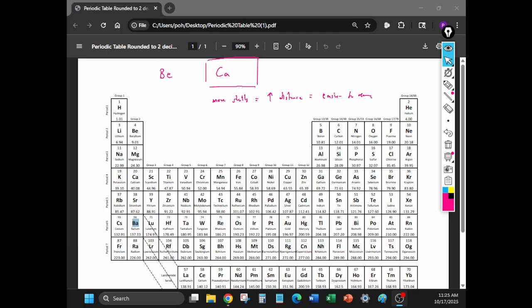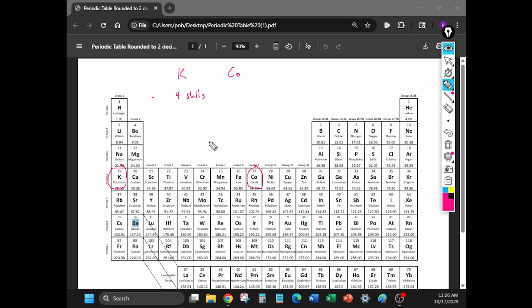Damn. Okay, make sense? More shells, further away, easier to remove. Okay, let's move on to the next one. Next one we are comparing potassium and cobalt. Now, they both have 4 shells. So K and Co, they both have 4 shells.